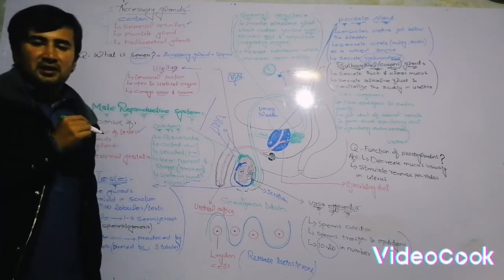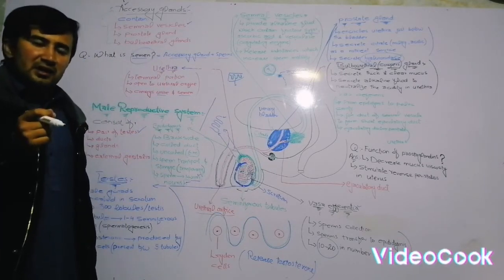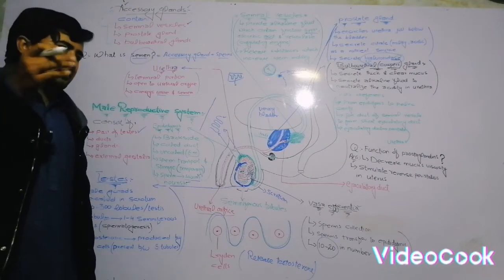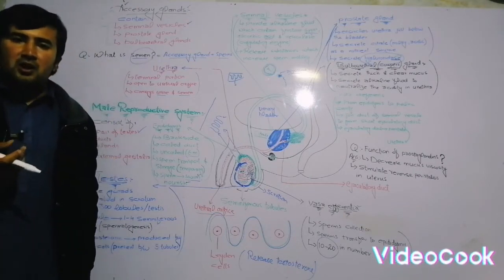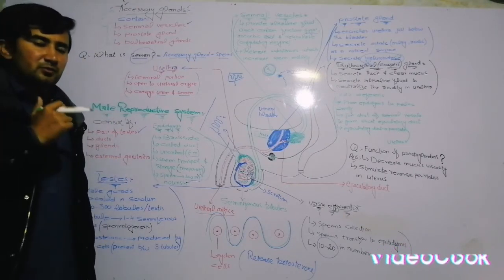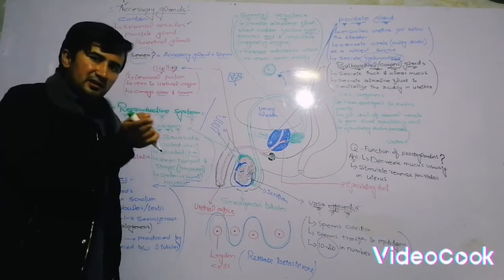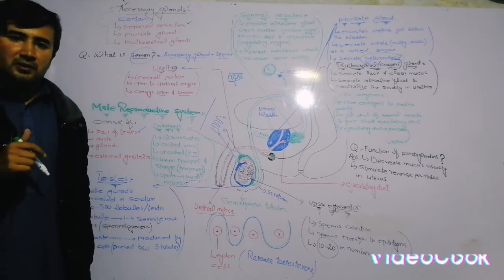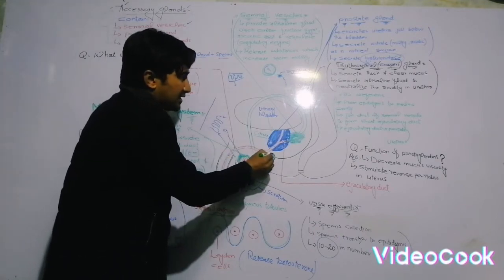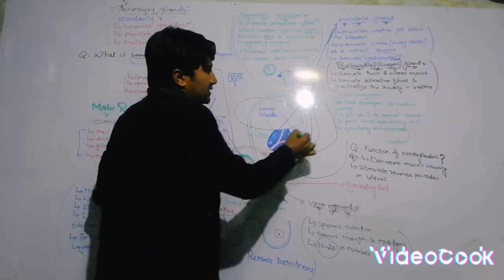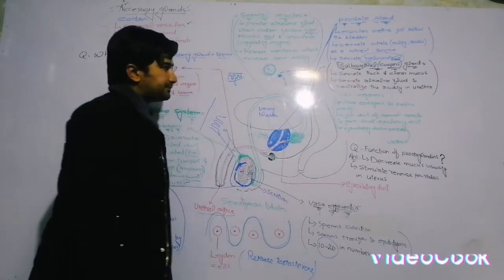This alkaline environment is provided by the bulbourethral gland.